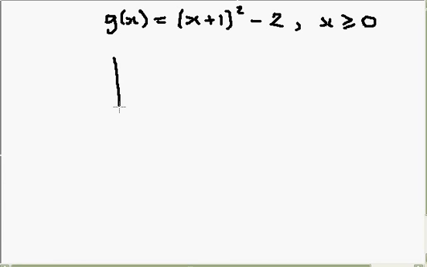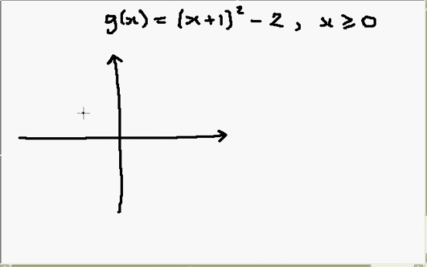If I actually draw the curve as it is, the vertex is at -1, -2, which is down here. Let's try and draw it fairly accurately, which is a tad difficult with one of these pens, but that isn't too bad. So there is -1, -2.